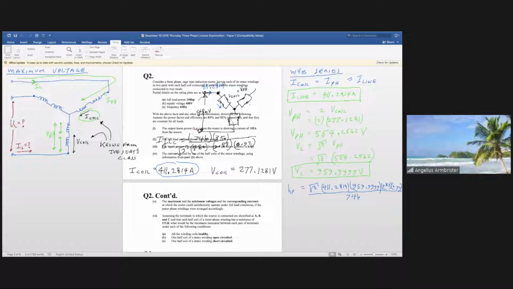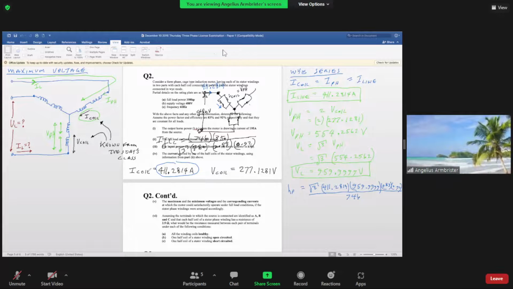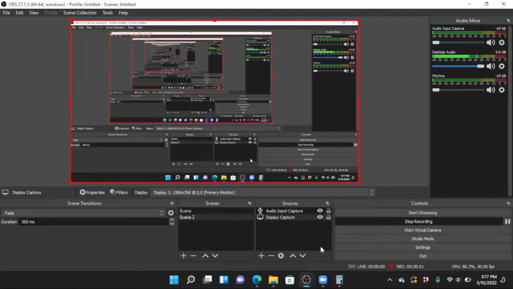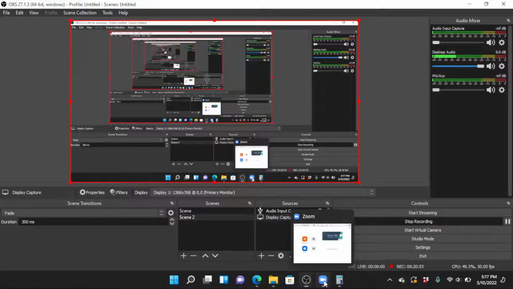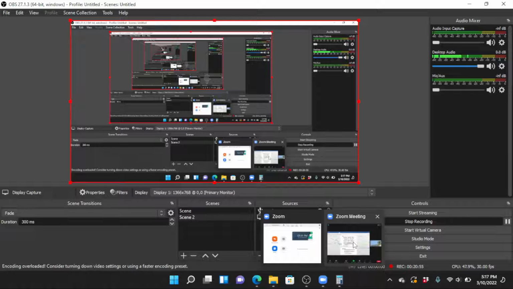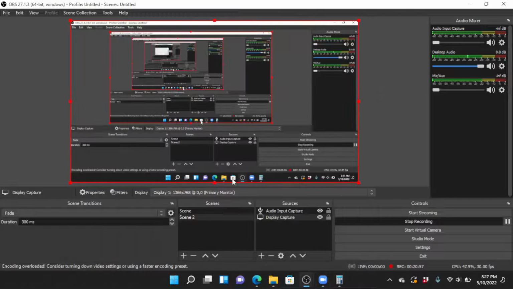So 411.2814 divided by 2. This current here is the main current. This shows it has to be divided by 2.